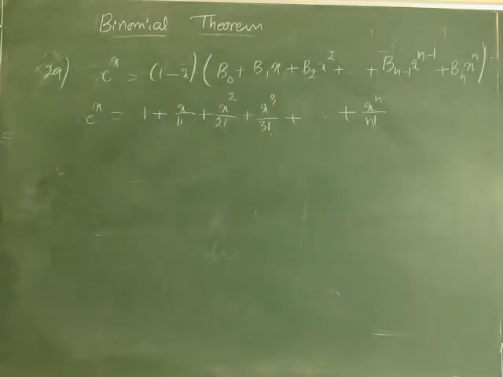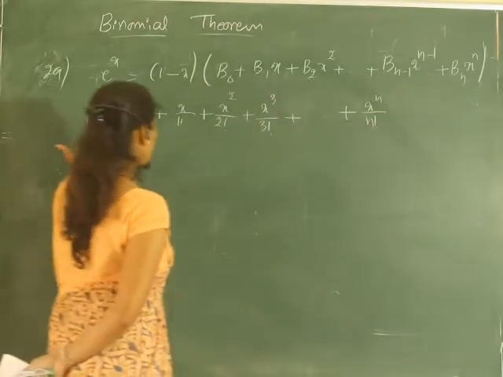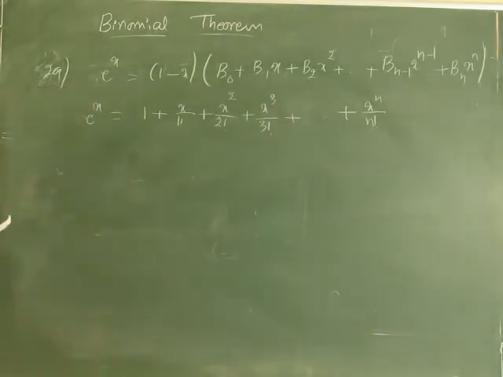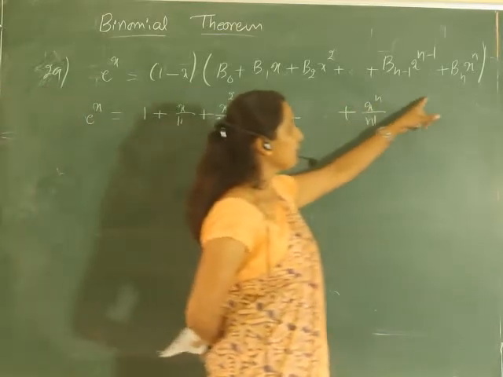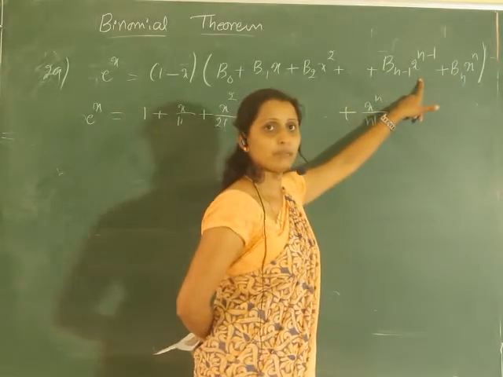So when we compare these two expressions for e power x, this e power x is 1 minus x into this value, and when we compare bn, here it is bn into x power n, here it is bn minus 1 x power n minus 1.